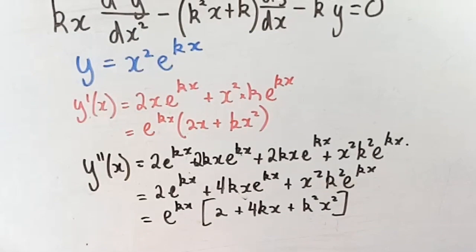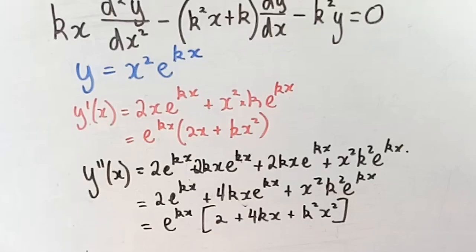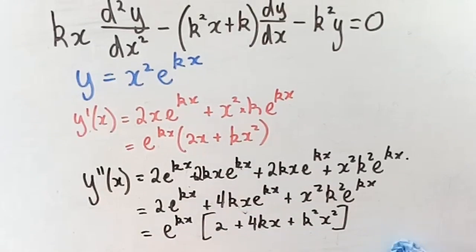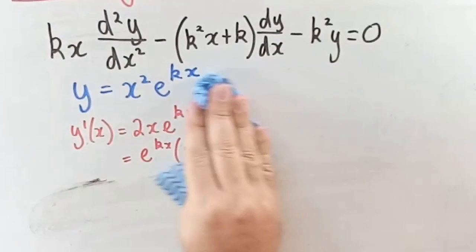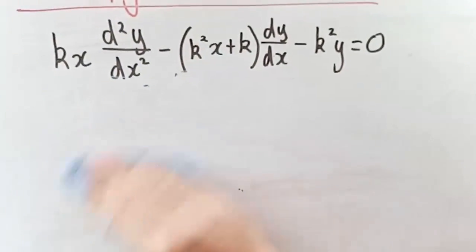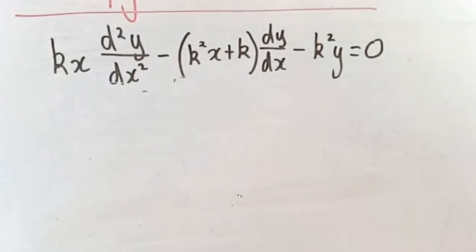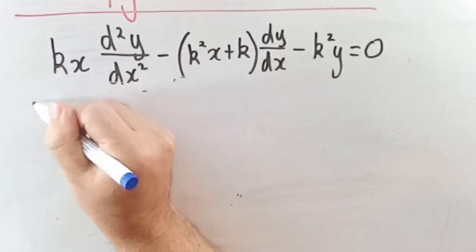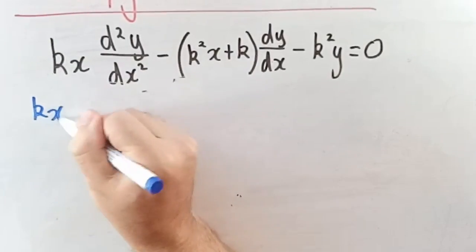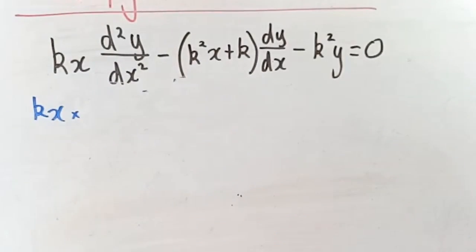Maybe I will just rub these out. I've got them written down here. We'll substitute them straight in, so hopefully you can double check and see if I'm cheating. So let's substitute it in: kx times the second derivative.